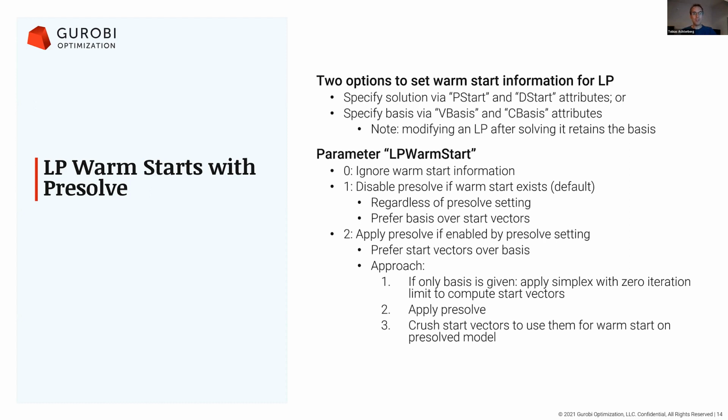And now we apply pre-solve and then crush these start vectors through pre-solve to have corresponding start vectors for the pre-solved model. And then we would use those to warm start the pre-solved model solve. So which means that there is a kind of a crossover step to try to construct a basis from these start vectors first and then start from that constructed basis.